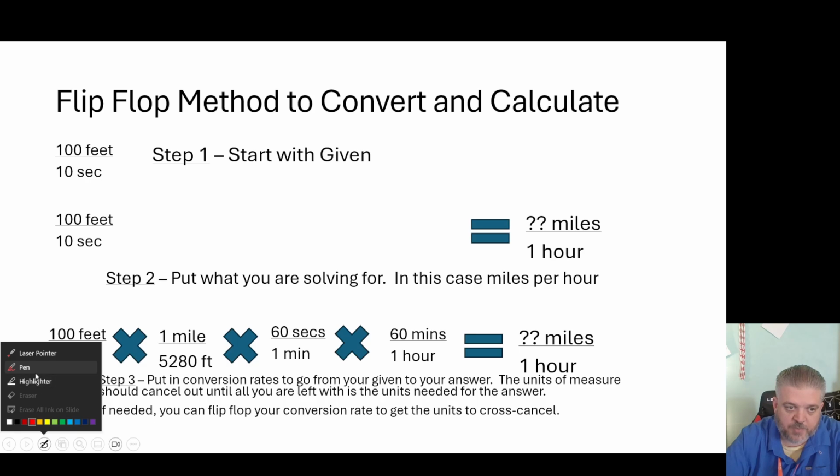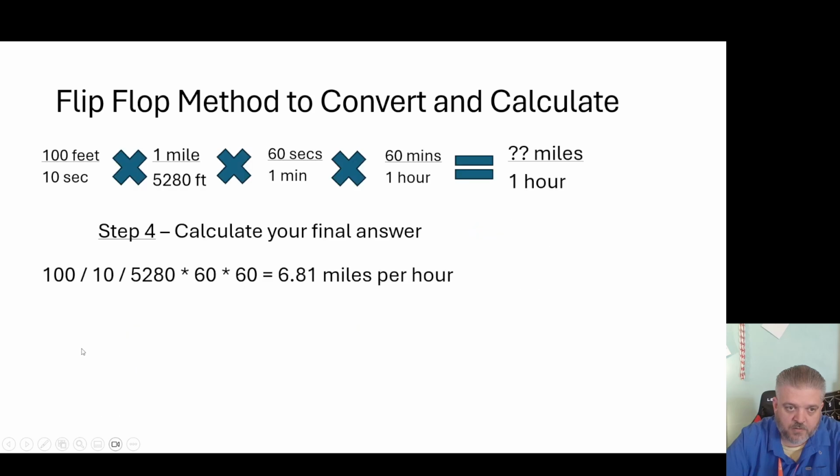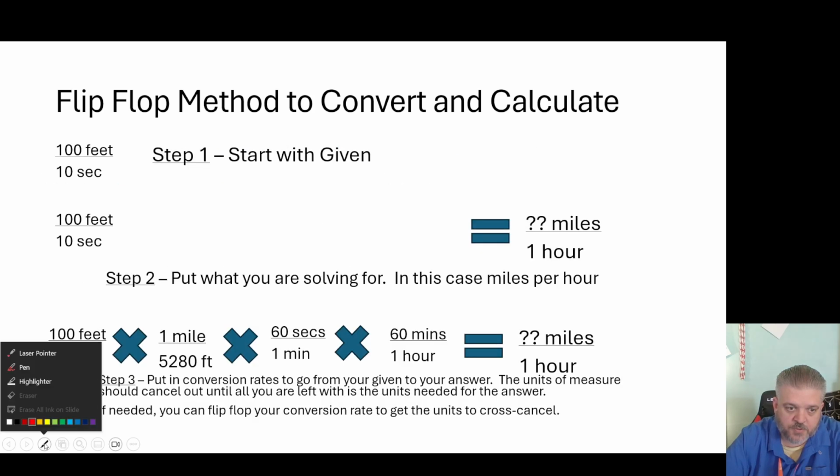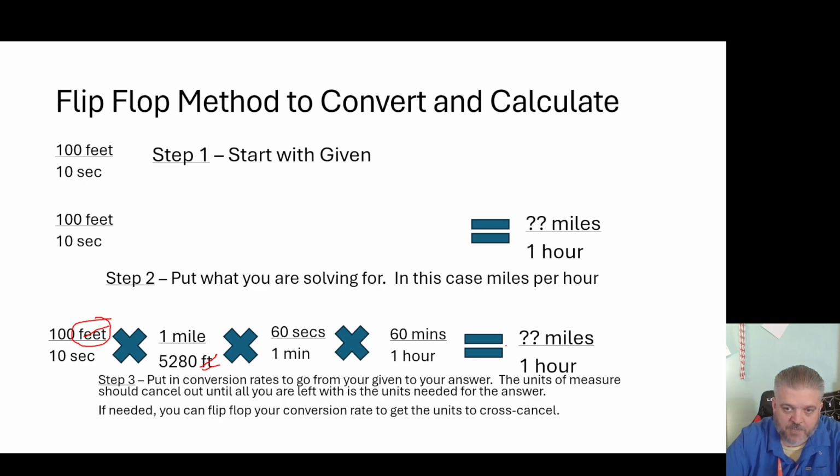Let's bring that pen back. So now I've got feet and feet, so I can cancel my units out. I've got miles up top, so I'm good on my distance. Now we're going to come back over here. We're starting at seconds.